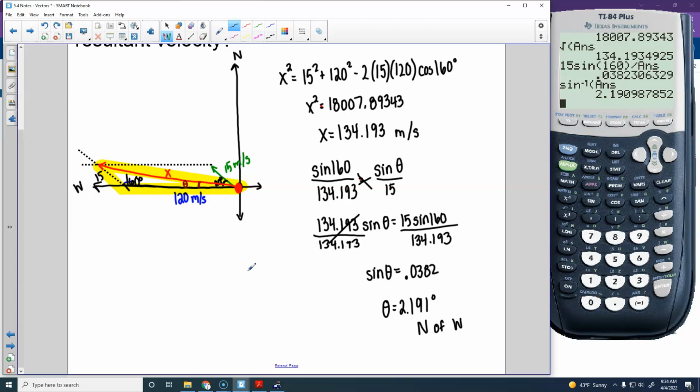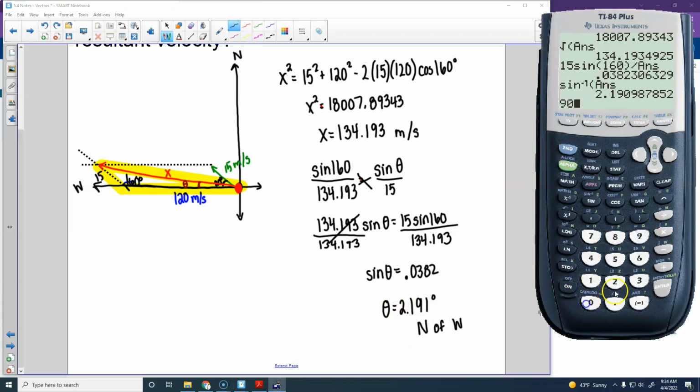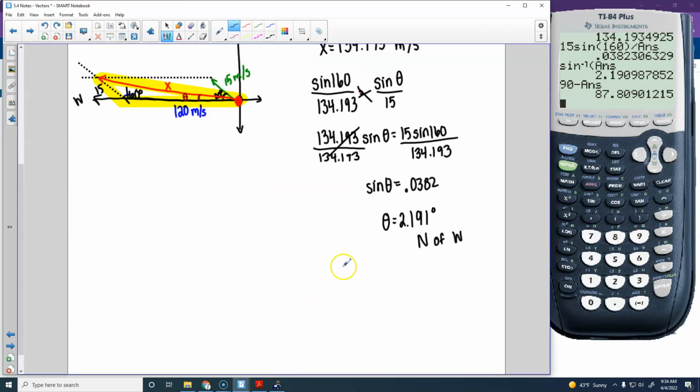Now, if you're doing these problems and you find 2.191 degrees north of west, which I feel like is the most likely way most people would solve this, but your answer choice ends up not being there, always check. If I do 90 minus that answer, it is possible that you might see 87.809 degrees west of north.